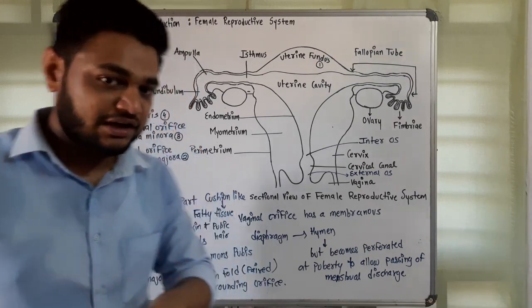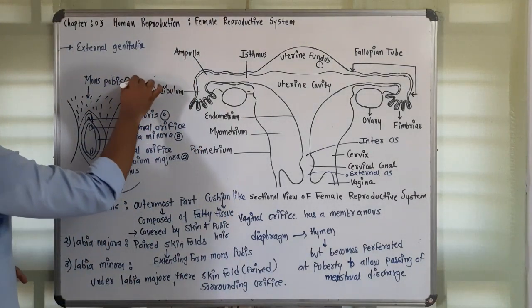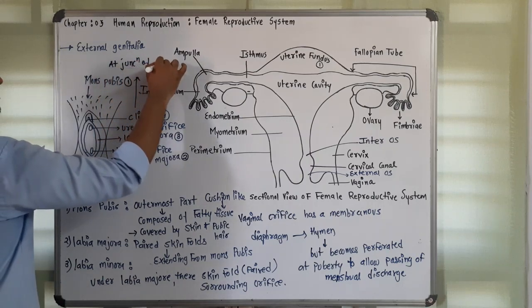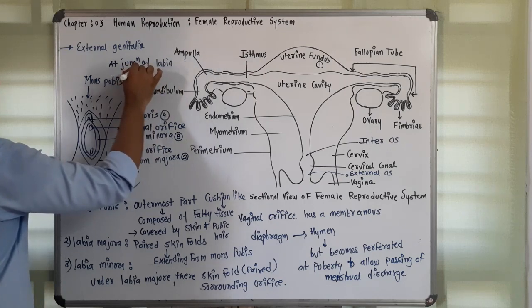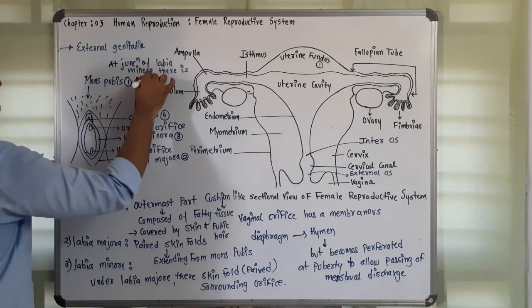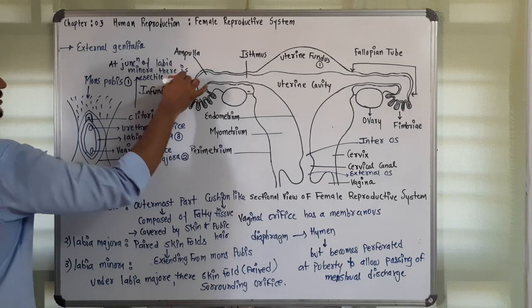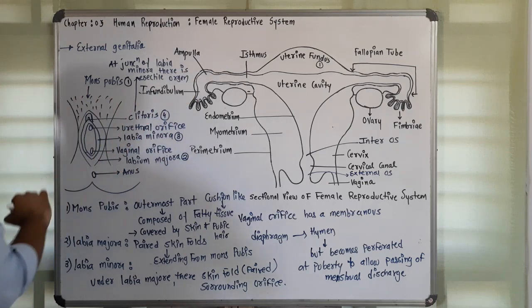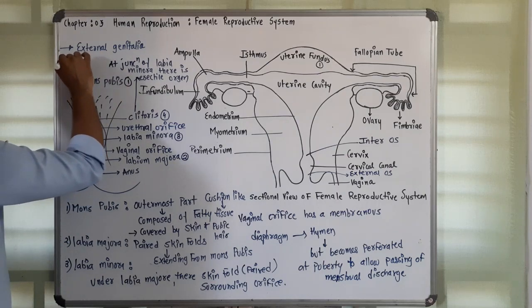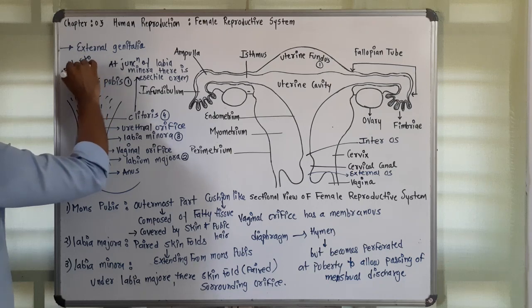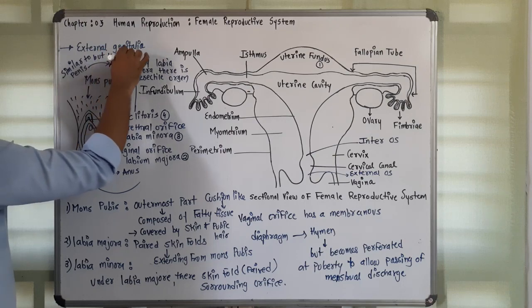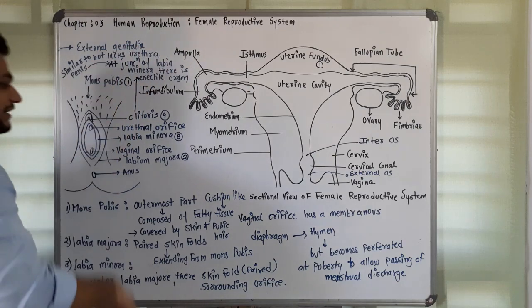At the junction of labia minora, there is an erectile organ called the clitoris, which is similar to the penis but lacks urethra.